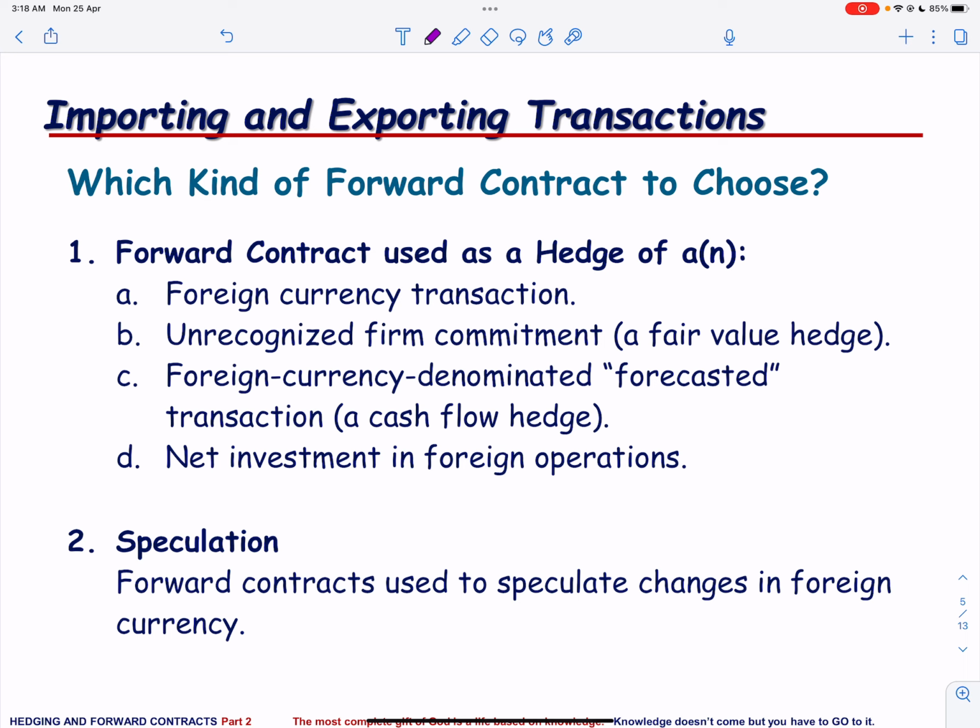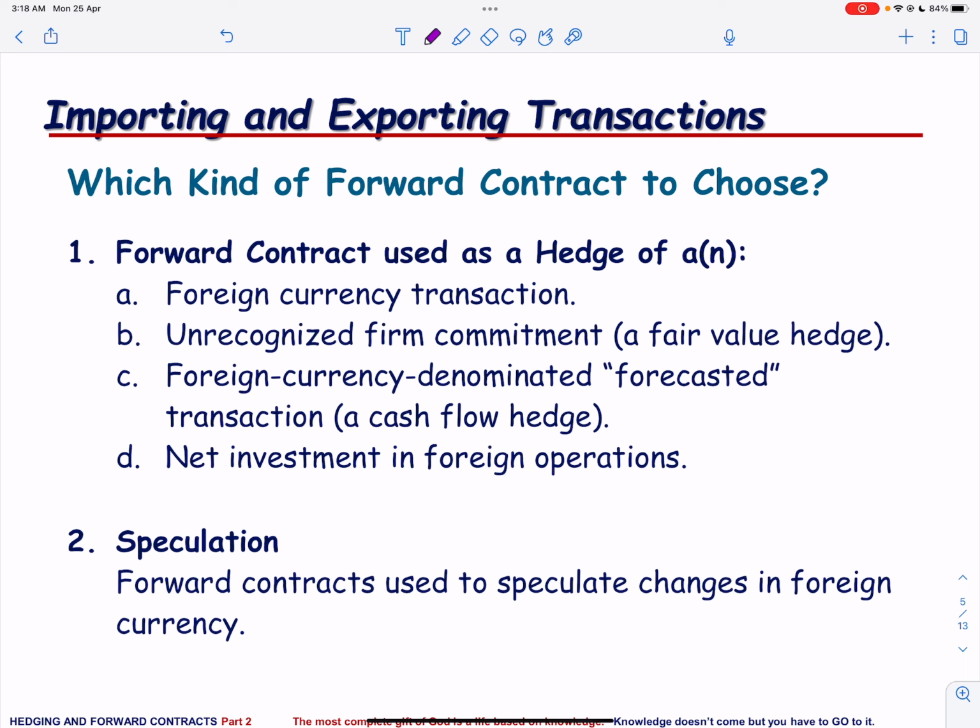That means that the company enters into a contract to buy something in the future. So there is a firm commitment that the company will buy. It is called a fair value hedge. Third is called foreign currency denominated, which is a forecasted transaction. Fourth is called cash flow hedge. Here the company has planned to buy something in the future and the company wants to protect its position.